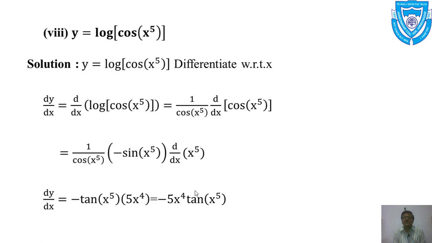Derivative of cos x is minus sin x. So derivative of cos x raised to 5 is minus sin x raised to 5 into derivative of x raised to 5. Derivative of x raised to 5 is 5x raised to 4. And we take product of these three terms and we get our answer minus 5x raised to 4 into tan x raised to 5.